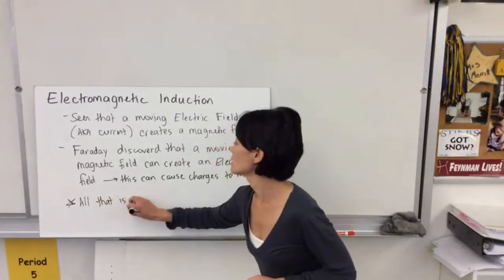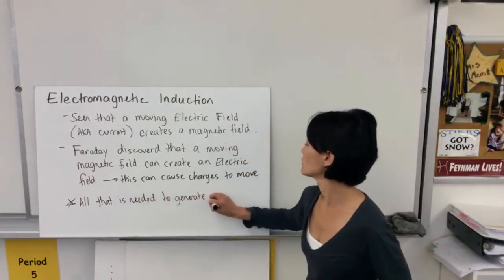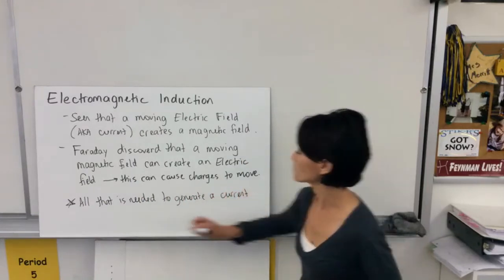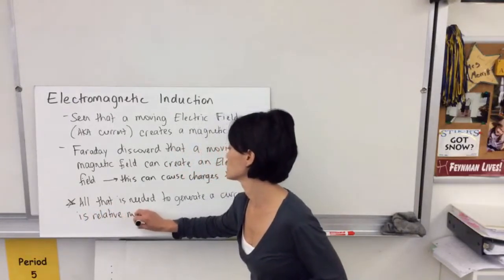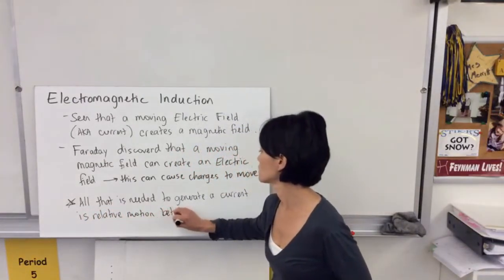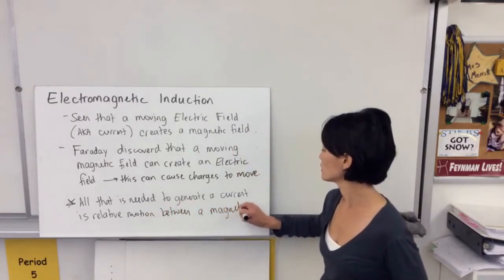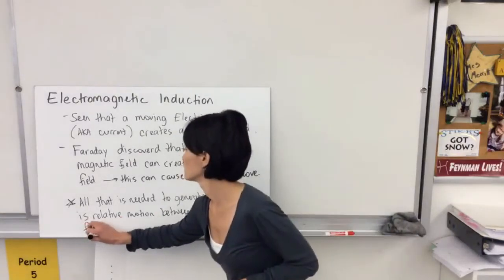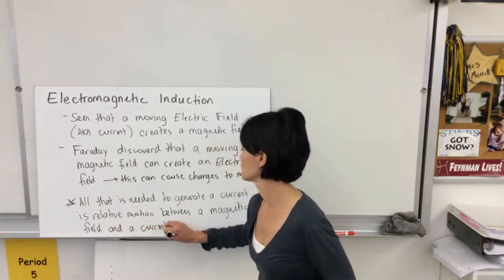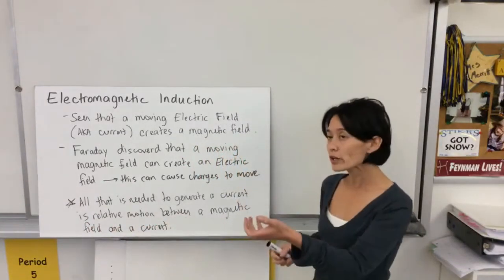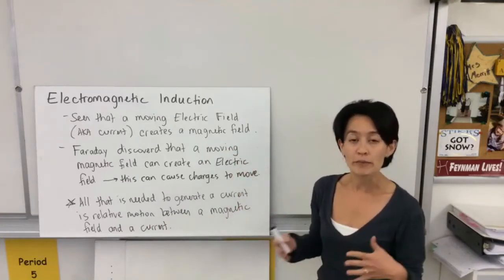All that is needed to generate a current is relative motion between a magnetic field and a wire. You can either have the wire moving near a magnetic field, or you can have the magnetic field moving near a wire. And we're going to look at cases of both.